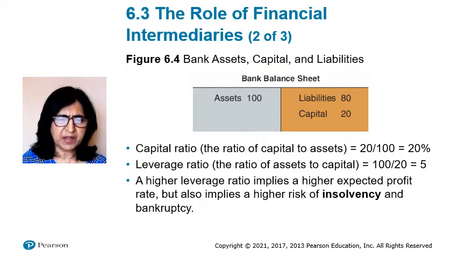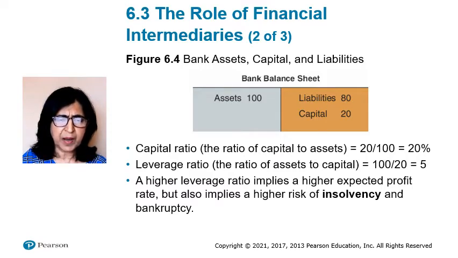Two important definitions in understanding the financial crisis are: capital ratio, the ratio of capital to assets. In our example, this is equal to 20 over 100, which is 20%. Leverage ratio, the ratio of assets to capital, which is 100 over 20, which equals 5.